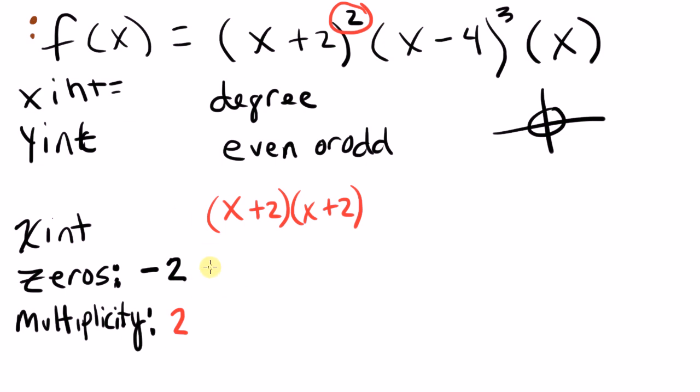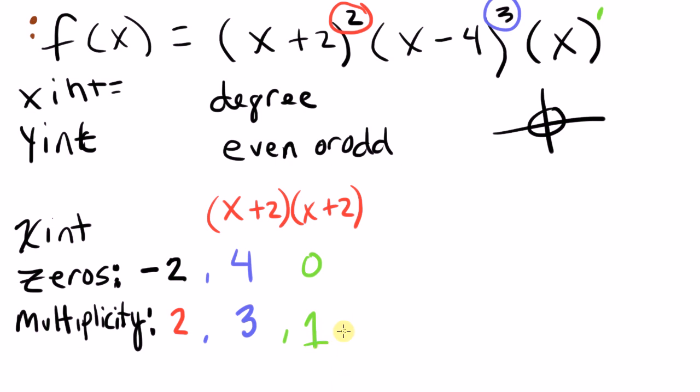I have x's at 4, or zeros at 4, with a multiplicity of, you guessed it, hopefully you said 3, and then we have x equals 0. What is the multiplicity for x? It happens one time. So if you said 1, you're absolutely right.